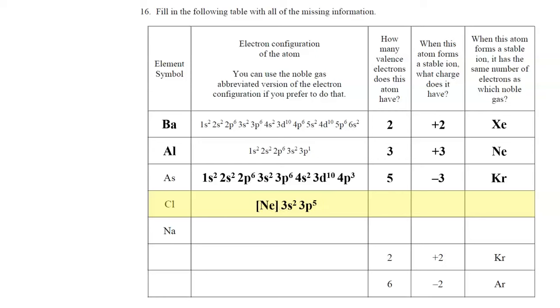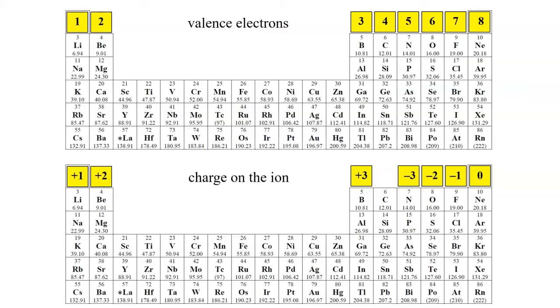And now let's move on to the valence electrons and the charge on the stable ion for chlorine. So where chlorine is located on the periodic table, it is a halogen. It's located in group 17. It has 7 valence electrons, and it normally forms an ion with a charge of -1.